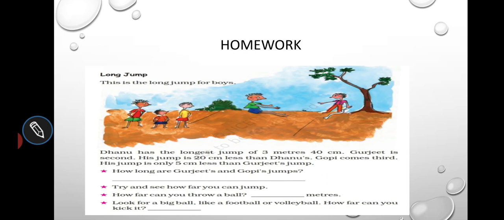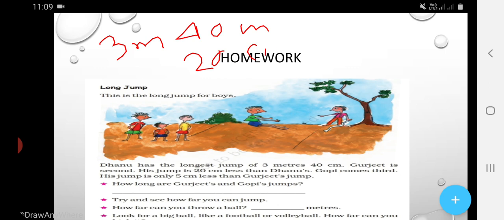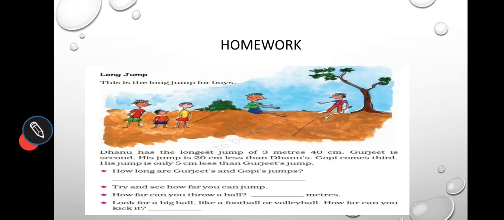You can tell that, ma'am, this should be the resultant of the subtraction of 3 meter 40 centimeter and 20 centimeter. This is the length of Gurjit's jump. Now, what is the length of Gopi's jump? You have to subtract 5 centimeter from Gurjit's jump. Then you get Gopi's jump.